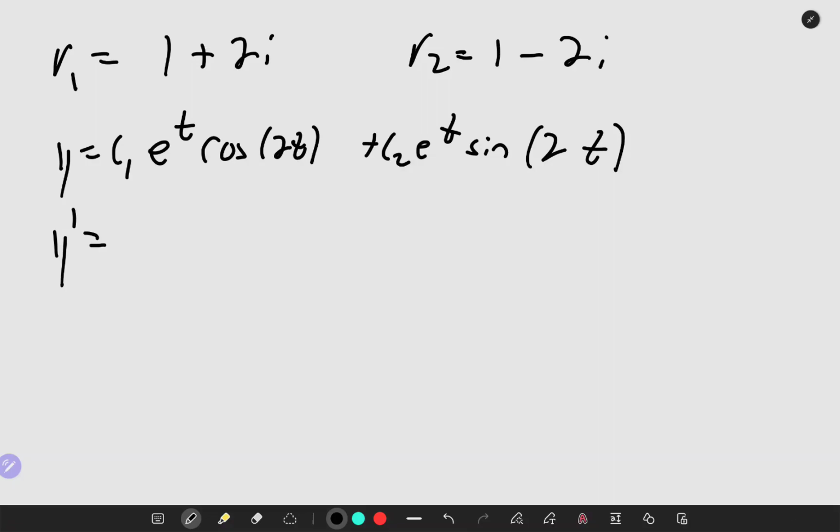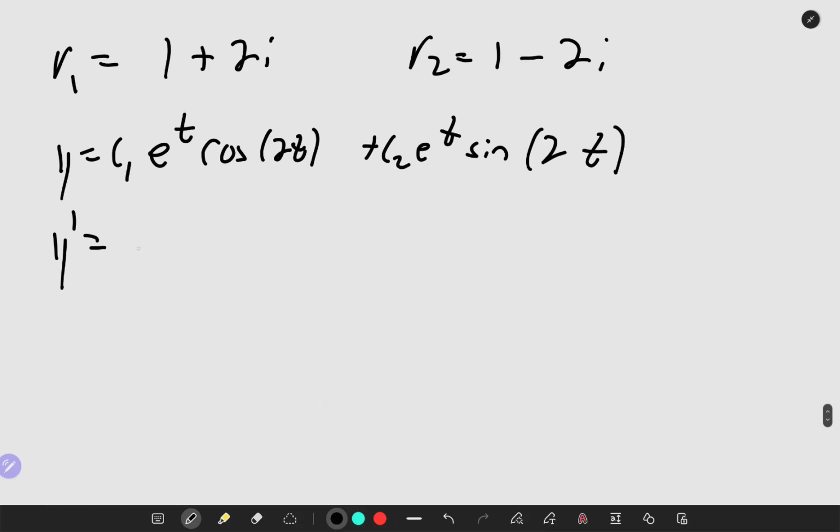Looks like we have to do the product rule twice. So let's look at the first term here. When I do the product rule, I do the first times the derivative of the second. I guess most people do the second times the derivative of the first, so then this is just going to stay exactly the same.